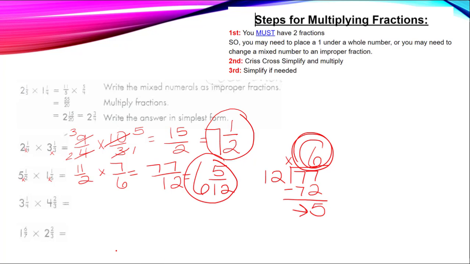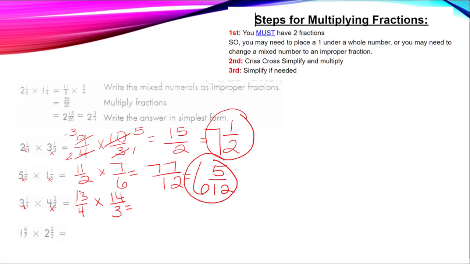Okay, our next one, we have 3 1/4 times 4 2/3. So we need to change those both into improper fractions. 3 times 4 is 12 plus 1 is 13 over the 4. 4 times 3 is 12 plus 2 is 14 over the 3.